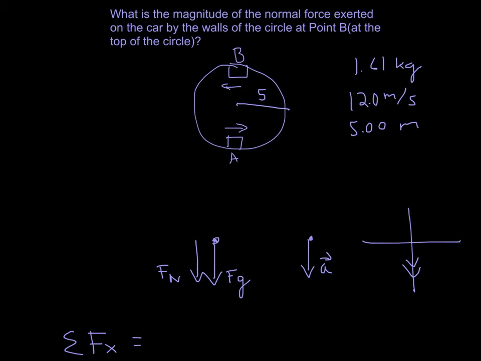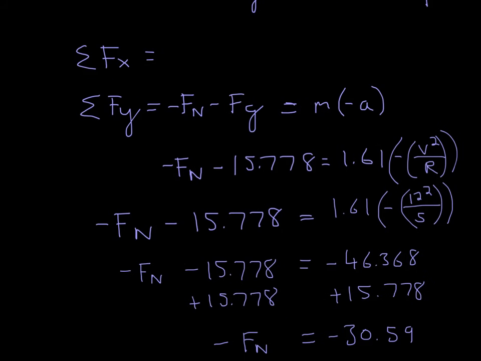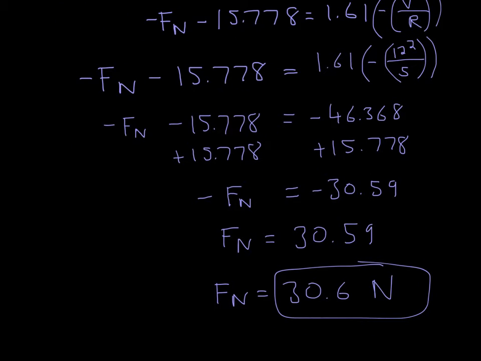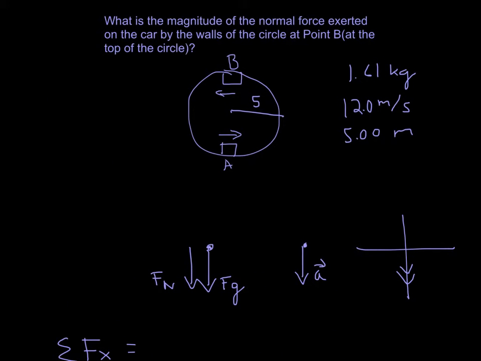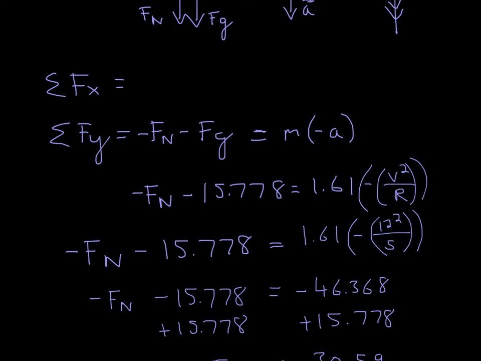The formula for acceleration is v squared divided by r, because it's going around in a circle, so it uses the uniform circular motion formula. All I did was plug in the values, velocity over the radius.